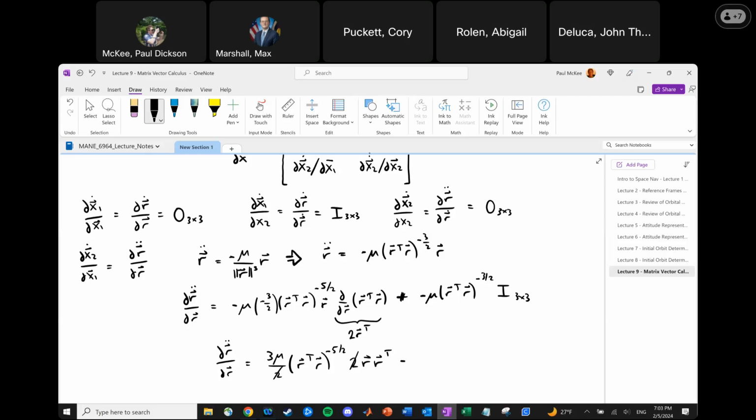All of that minus mu r transpose r to the negative 3/2 times the 3 by 3 identity matrix. Okay.